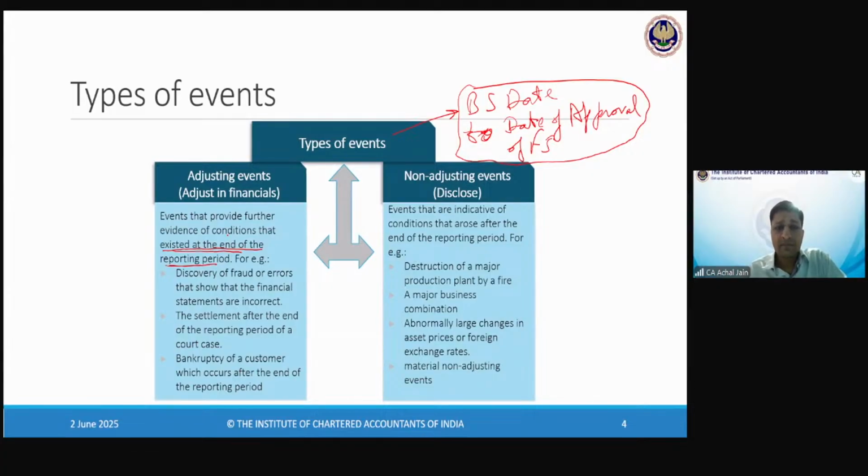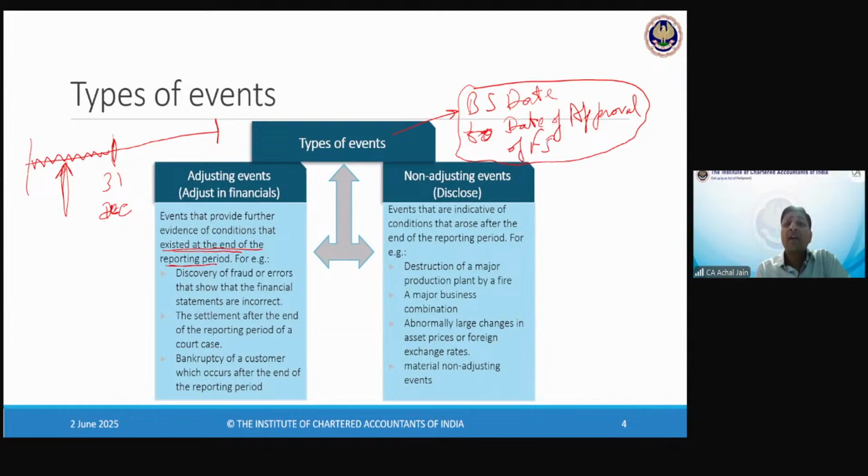For example, say there was a court case going on. Say this is 31st December. So the company was into a litigation. During this year, or at any point of time, the litigation would have started.